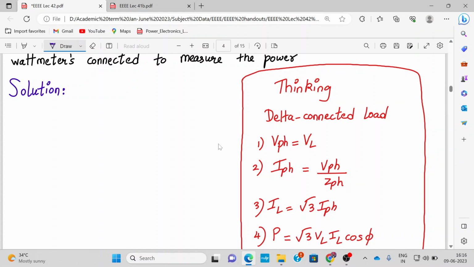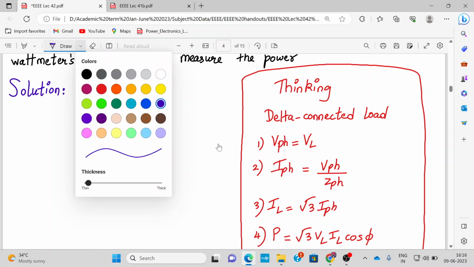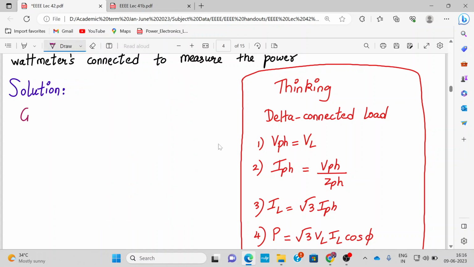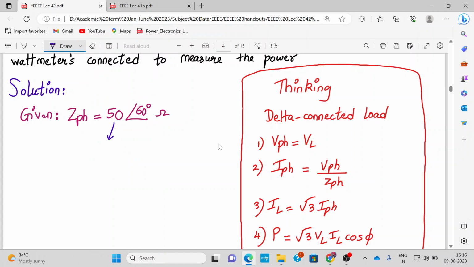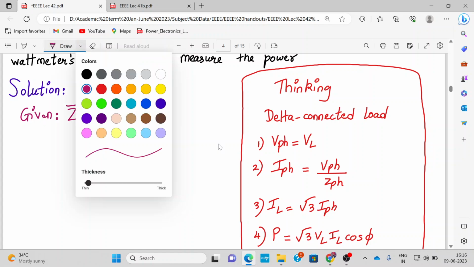So we'll first write down the given data. According to the given data, we have the following. Z phase is given to you as 50 angle 60 degree ohms. So as per the standard form, this is actually the Z phase magnitude. Normally, this is in the polar form, right?